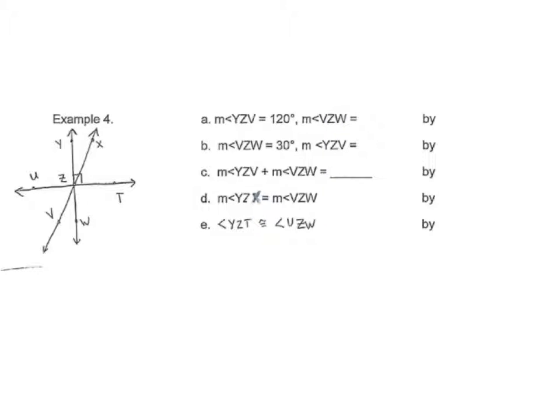Okay, and the last example with angles is every time I'm going to write one in, the measure of angle YZV, so I trace YZV, it's this big one, is 120 degrees. What does VZW have to be? So VZW is this little one. This must be 60 degrees by supplementary angles.